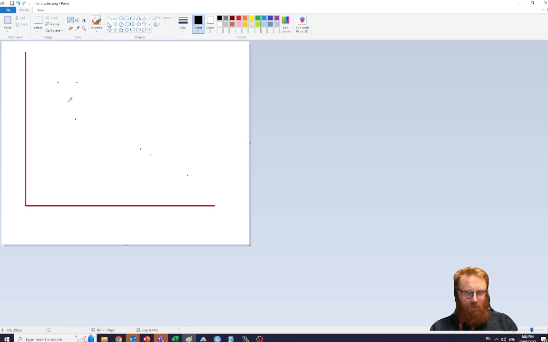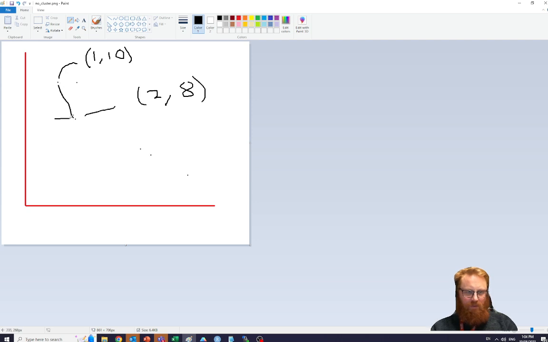So let's look at these two data points here. Say this is at X equals 1 and Y equals 10, that's that data point there. And let's say this data point here is at X equals 2 and Y equals 8. The distance between these two, the length of this line here, you just calculate with Pythagoras' theorem.